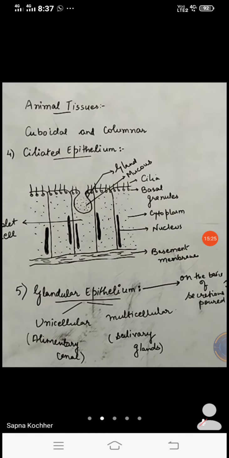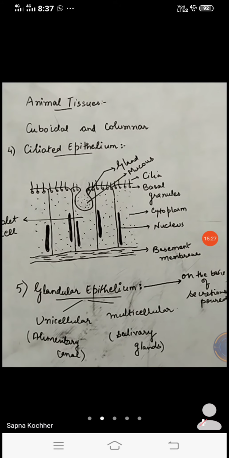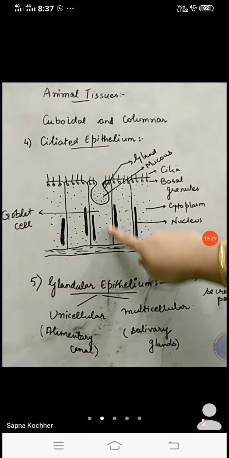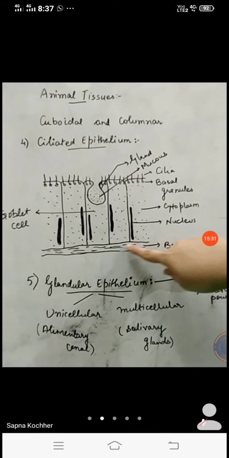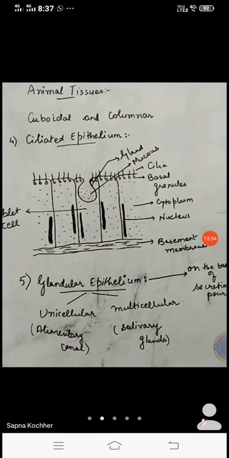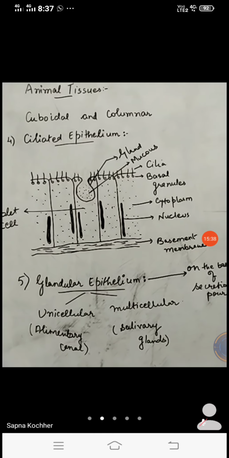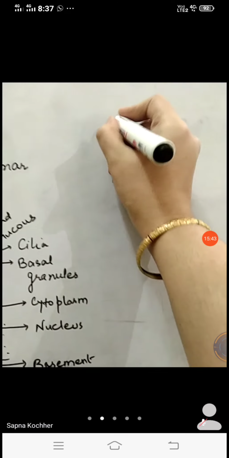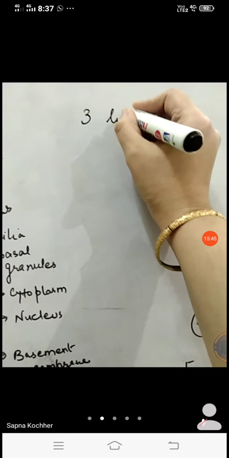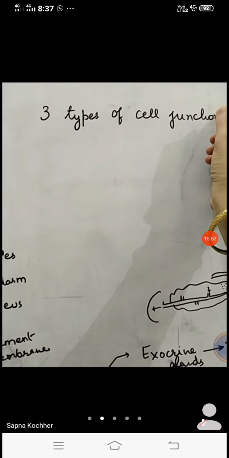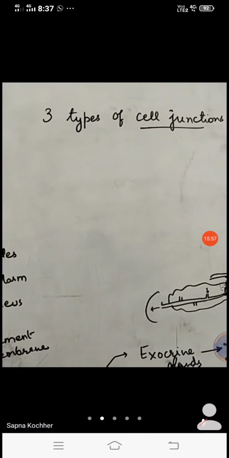Now within these types of cells, there are certain junctions also, provided by the tissue linings to the other tissues. The attachments of the cells to it are termed junctions. So there are 3 types of cell junctions. Now the next topic is, what are the types of cell junctions? 3 types of cell junctions are present, which allow cells of one kind to attach to cells of another kind.